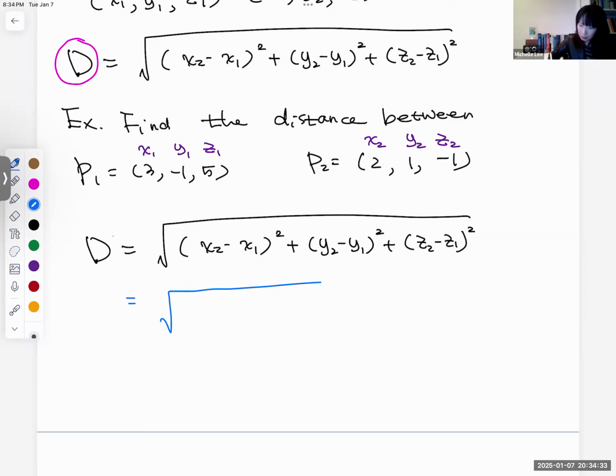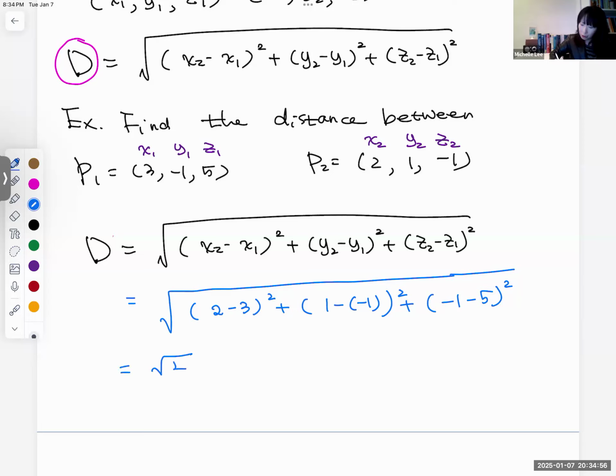So square root of x sub 2, which is 2 minus 3 squared, plus y sub 2, which is 1 minus negative 1 squared, plus negative 1 minus 5 squared. Yeah. And this is square root of 41, which is 6.403. Yeah.